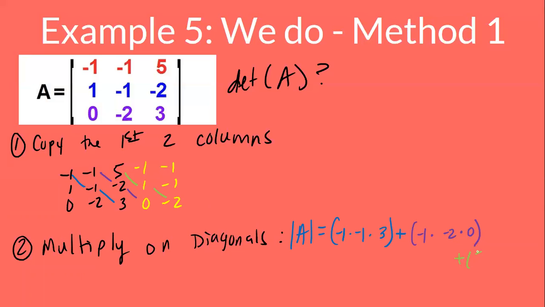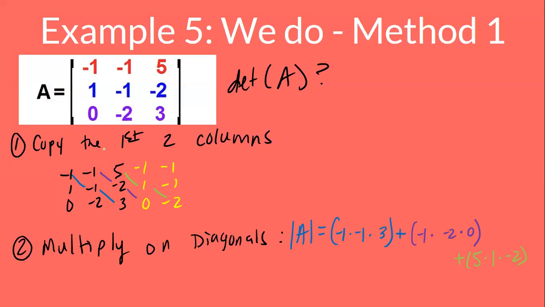Plus 5 times 1 times -2. There's more. Well, we're going to go backwards, but just give me a second. Are we all caught up?